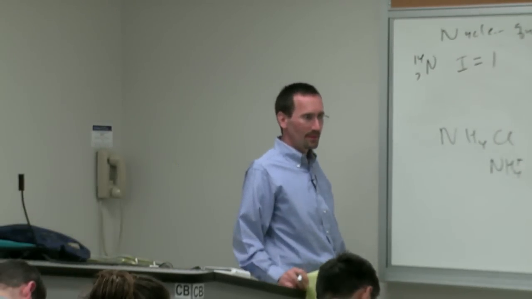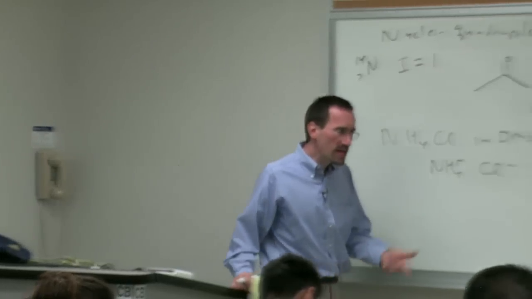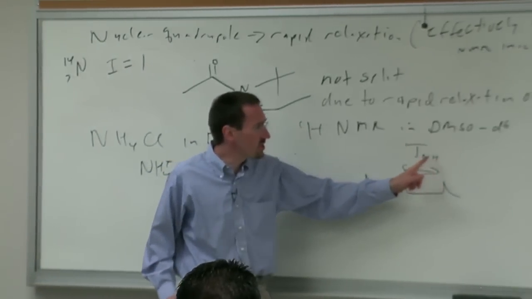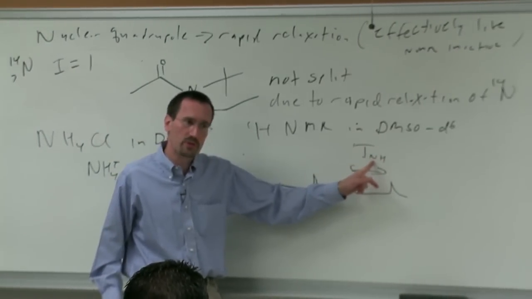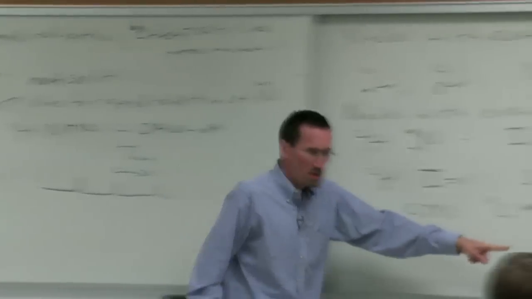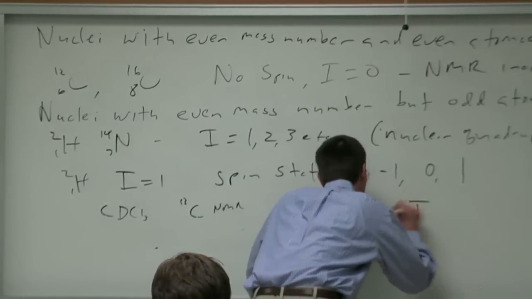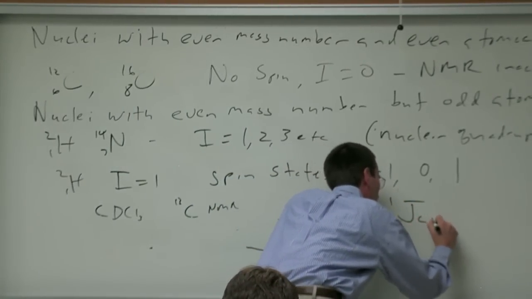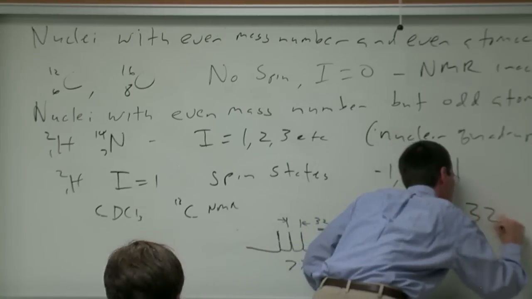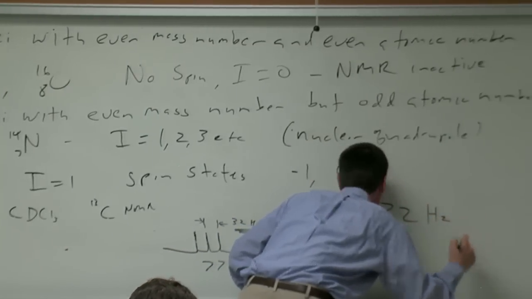It's always referred to as J. J is the term that we use to refer to spin-spin coupling. It's not just proton NMR when we do that, right? So we would describe this as J1 CD equals 32 hertz.